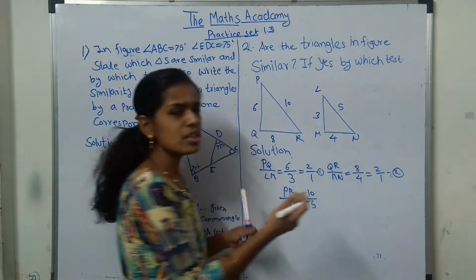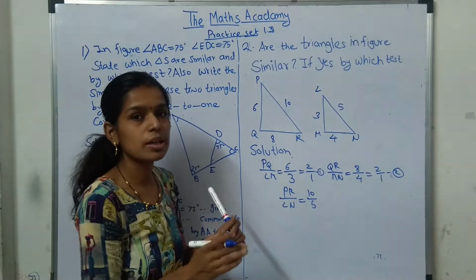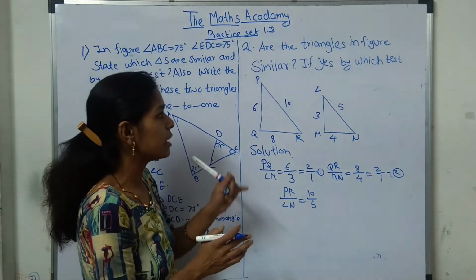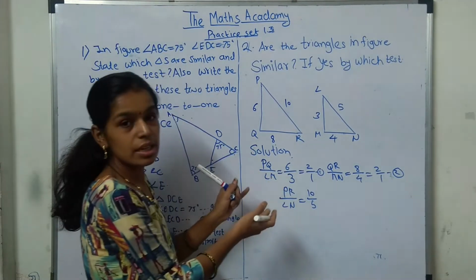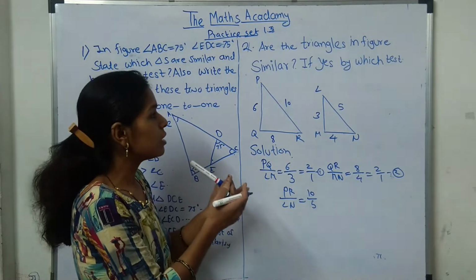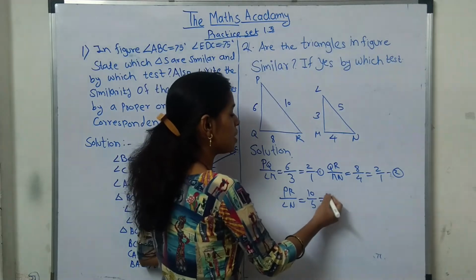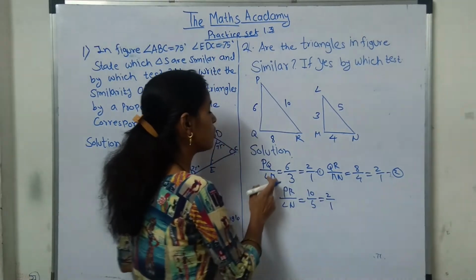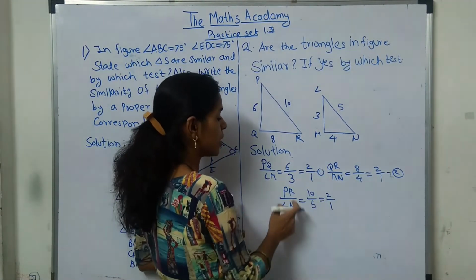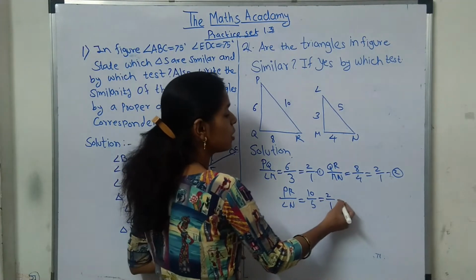It is very easy, students. You just have to understand the definition of similarity, that the corresponding sides are proportional. So here we are getting all the ratios, PQ upon LM, QR upon MN and PR upon LN, equal to 2 upon 1.